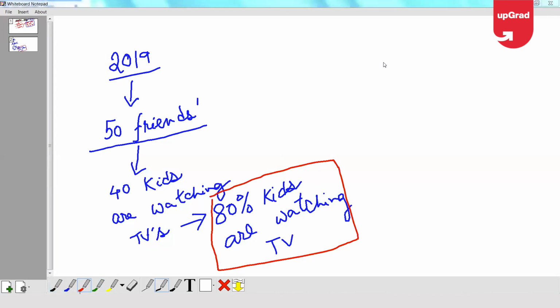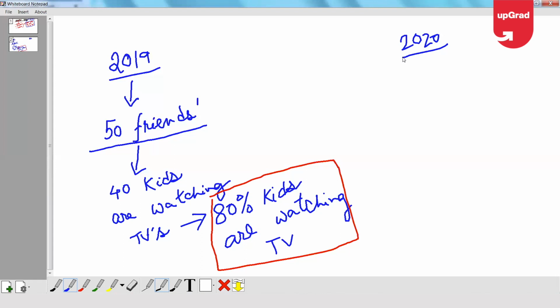Now, you are in 2020. After all the lockdowns, and social distancing will still stay, after the lockdown got relaxed, you started visiting your friends' places again, of course maintaining social distancing. You have made more friends this year.